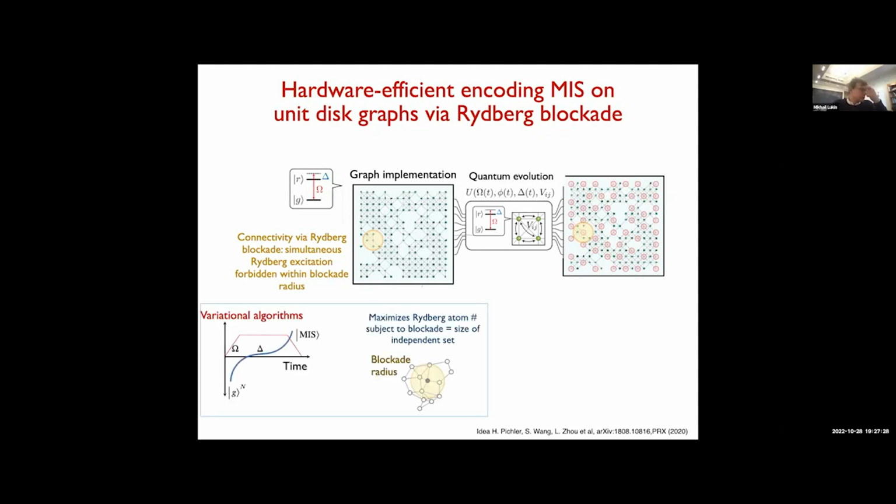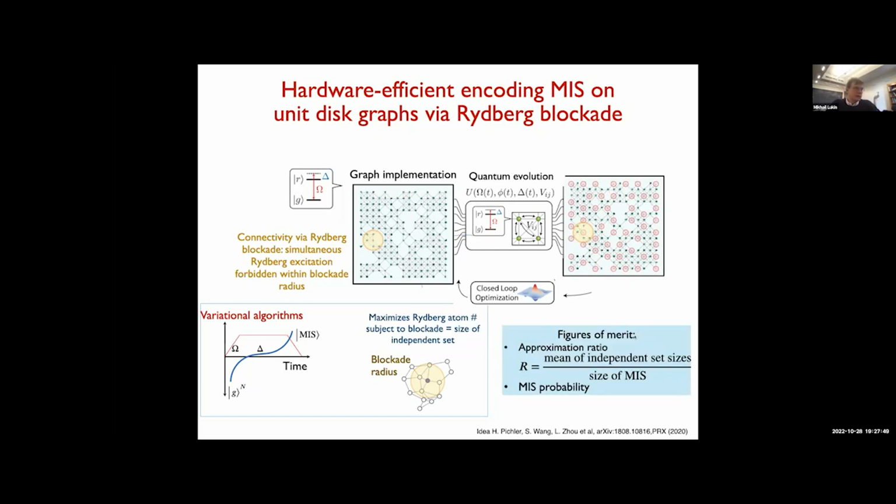So in practice, what we do is we explore a family of variational algorithms, which are parameterized in some way, and we use closed loop optimization procedure. In this closed loop optimization, you can ask for different metrics. The figures of merit which we use are the approximation ratio, which is basically the mean size of the independent set divided by the size of the actual MIS, or alternatively, the probability to actually find an MIS in a given run.